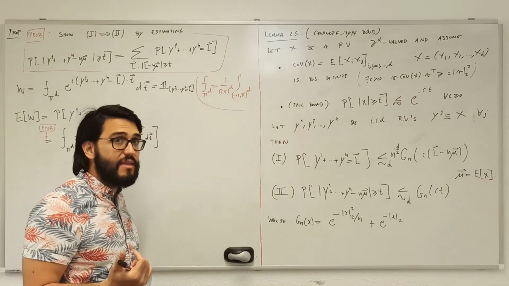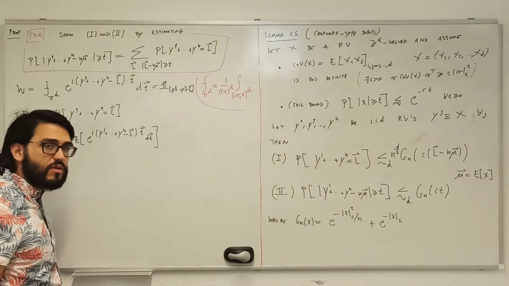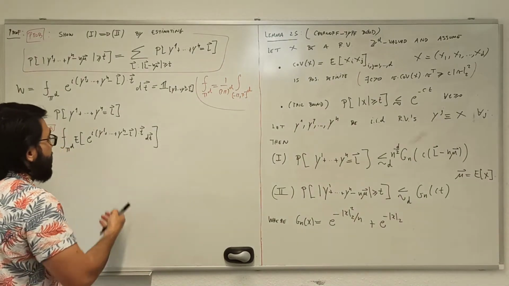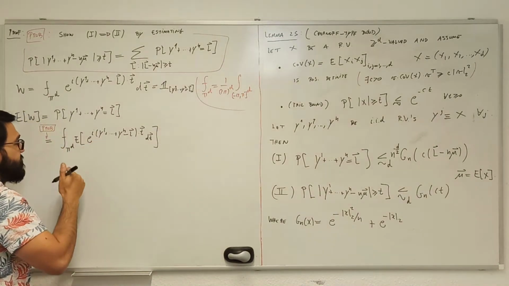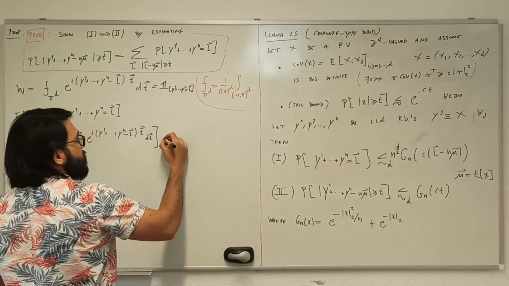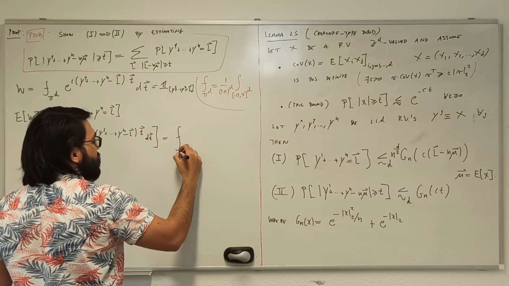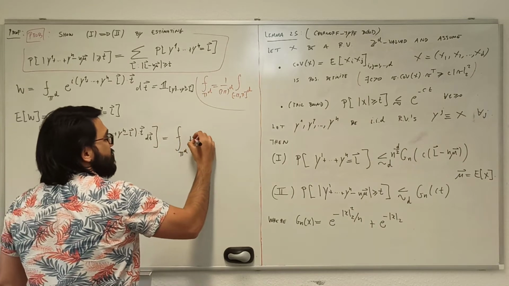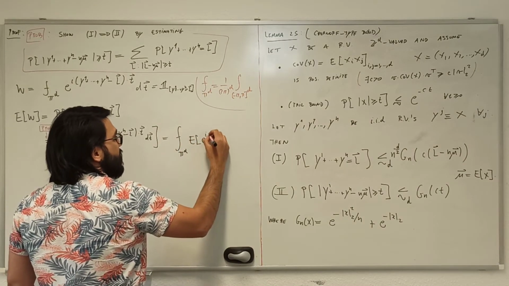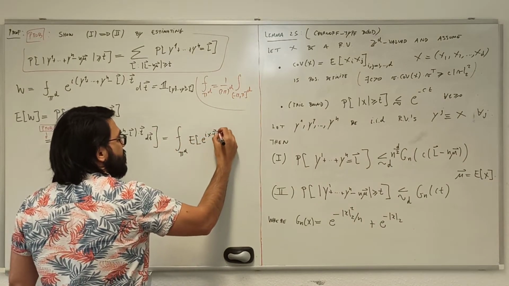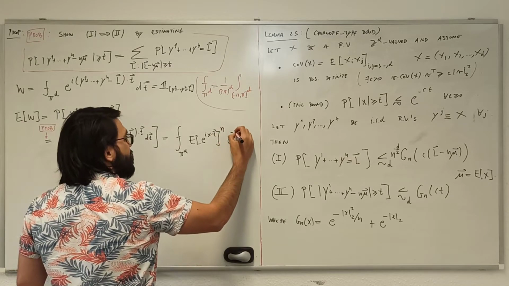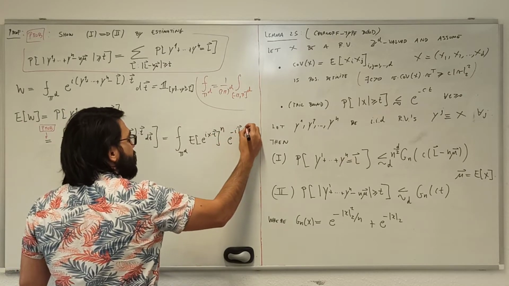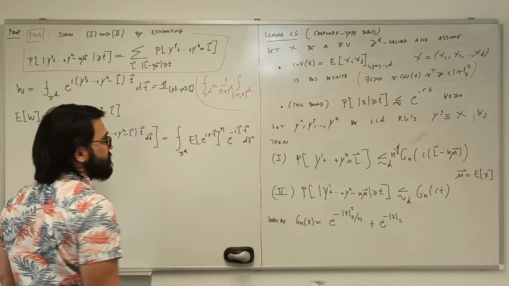Since they're independent, the expectation of the product is the product of the expectations, even when you evaluate a function on them. So you conclude that this is equal to, and each one of them is identically distributed to x, so this is just the expectation of e to the i x t, to the n, times e to the minus i l t dt.